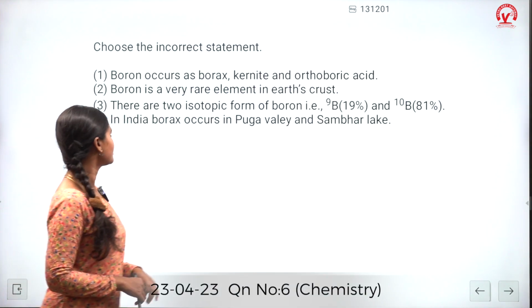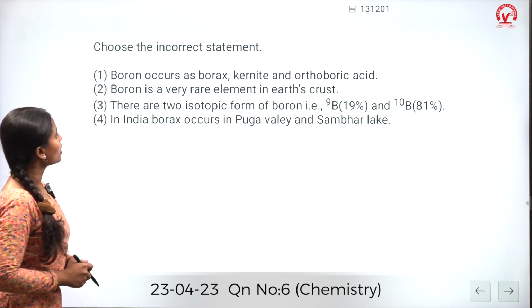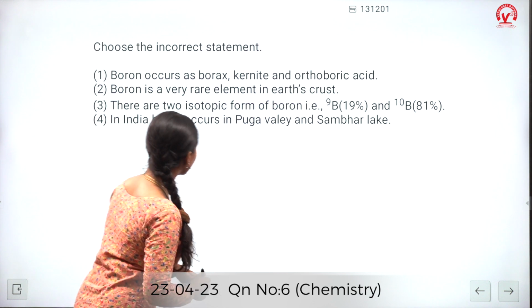Choose the incorrect statement. In the first statement, boron occurs as borax, kernite and orthoboric acid.